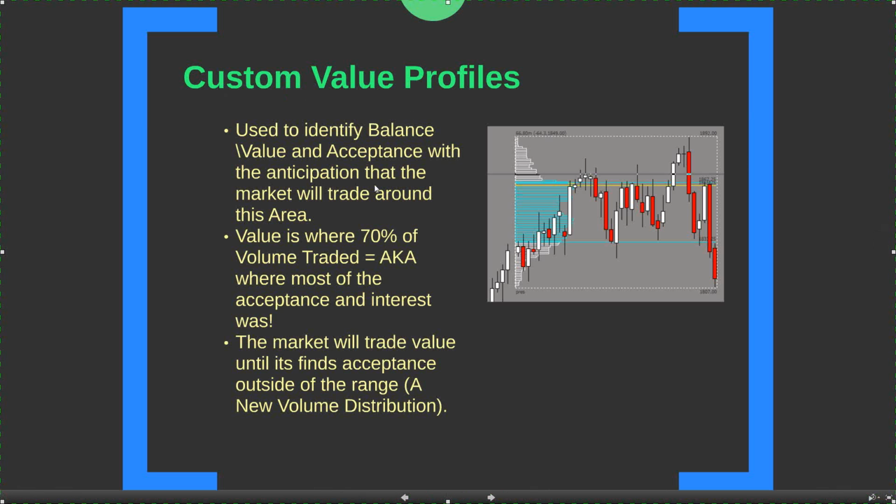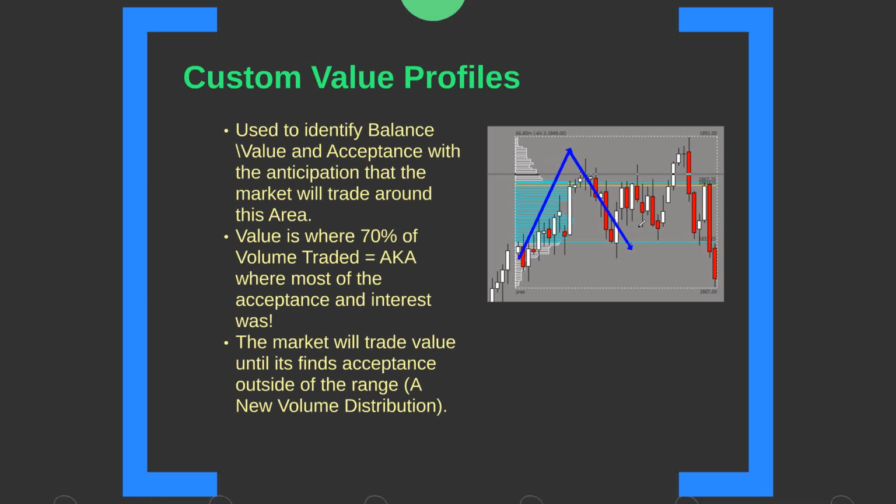Right, so the custom value area profile is used to identify balance or value. Now balance is really, really simple. It's price moving sideways. In most cases, you'll see price moving sideways after the fact. But in many cases, you'll see acceptance on a profile before price moves sideways around it. So it's two-sided.